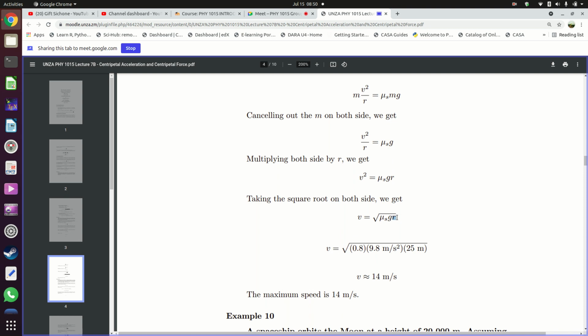What this is telling you is that when r increases, the velocity increases. The larger the r, the larger the velocity. So if a roundabout is bigger, you can drive at a higher velocity on that roundabout. But if a roundabout is smaller, you can drive only up to a certain velocity.